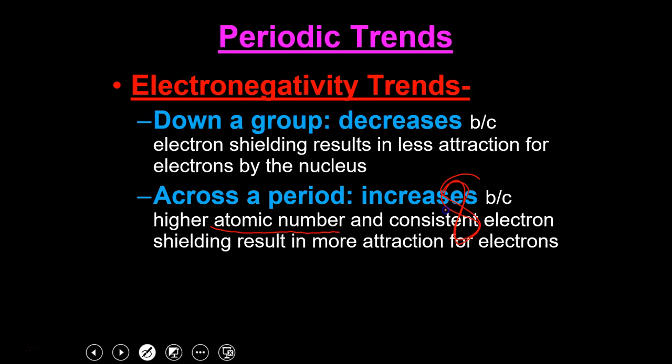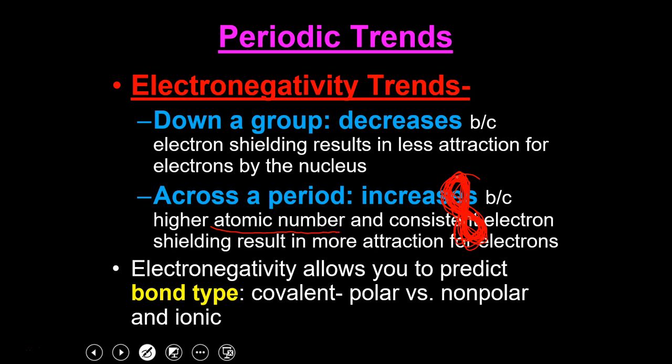Remember, 8 is great, unless you're helium, then 2 will do. And so it's going to want to gain electrons to get that magic number. And next unit, when we get into bond type, we can use electronegativities to help us predict what type of bond it's going to form.